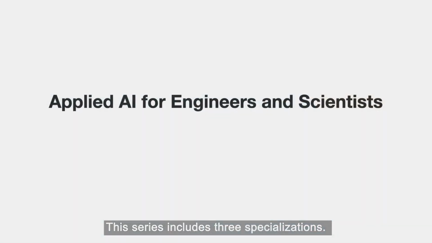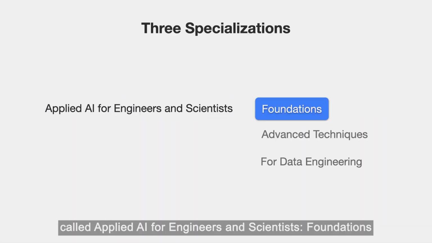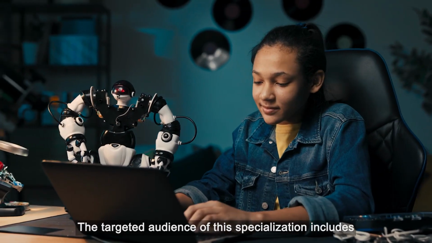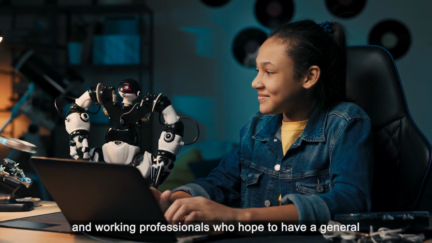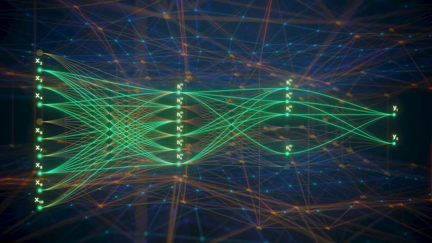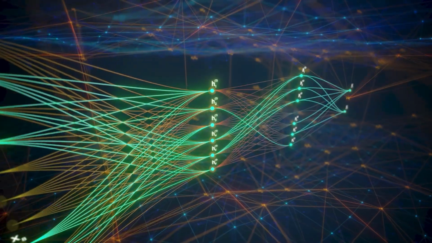This series includes 3 specializations. What you're looking at now is the first one, called Applied AI for Engineers and Scientists Foundations. The targeted audience of this specialization includes engineering and science students and working professionals who hope to have a general understanding of AI techniques and can use AI techniques for solving problems in real practice.